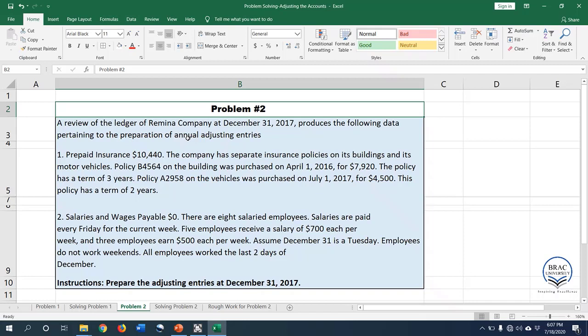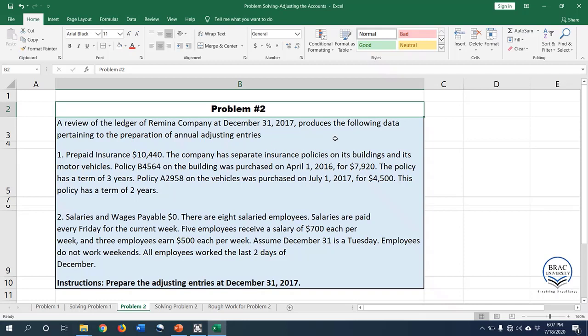And since it's the last day of their accounting period, December 31, we can easily guess that their accounting period starts from January 1 and ends on December 31. Very simple, right? So here we'll have to calculate the adjusting entry amount for a year from January 1, 2017 to December 31, 2017.